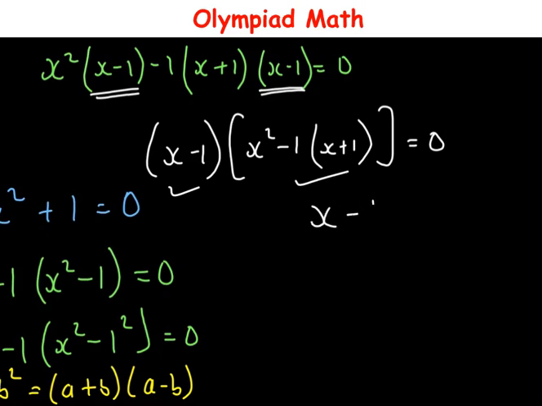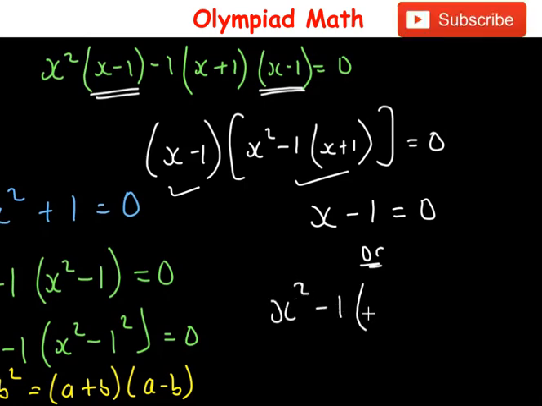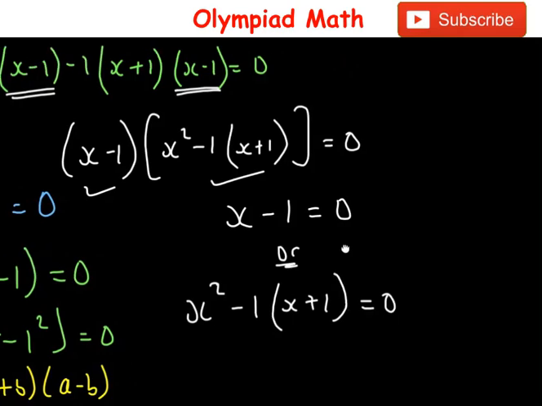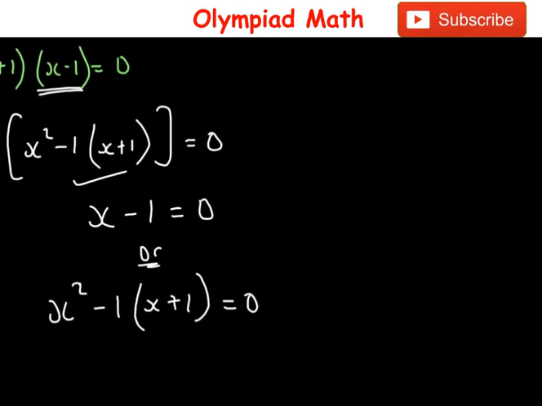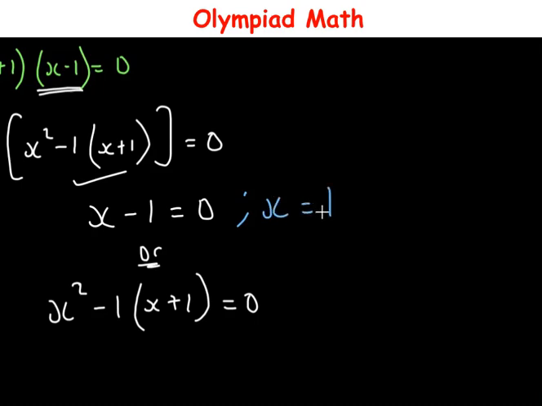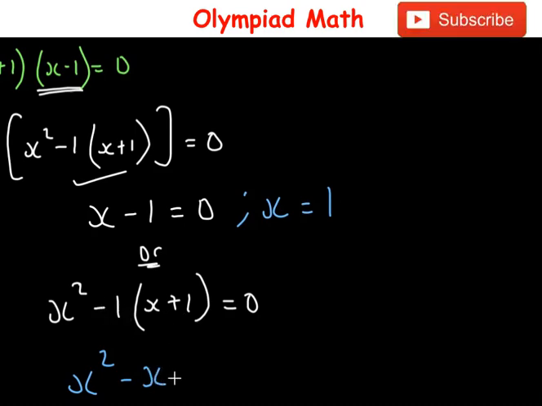So we have x minus 1 equals 0, or x squared minus 1 into bracket x plus 1 equals 0. From this linear equation, x minus 1 equals 0, the value of x is equal to plus 1. While for this other equation, we have x squared minus x minus 1 equals 0.